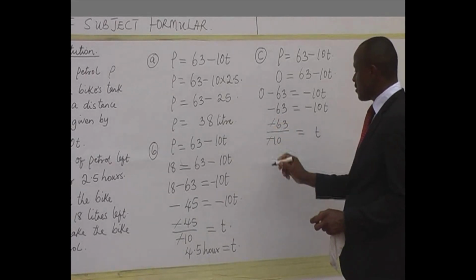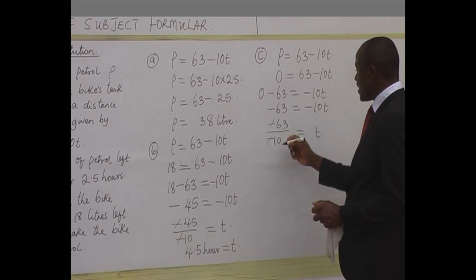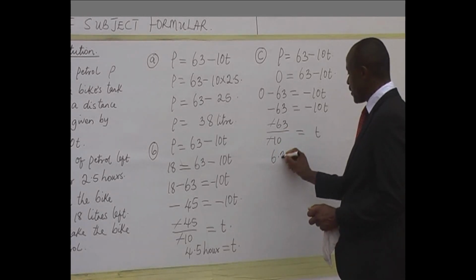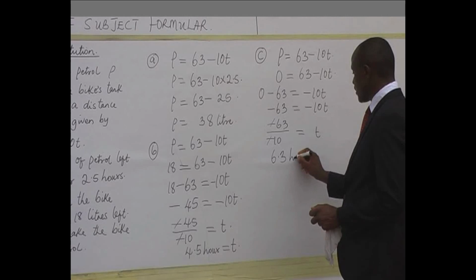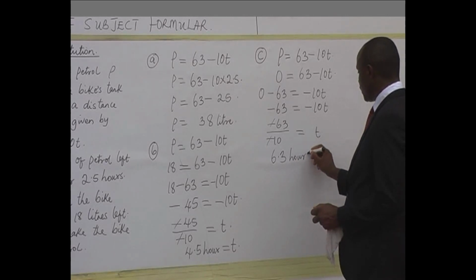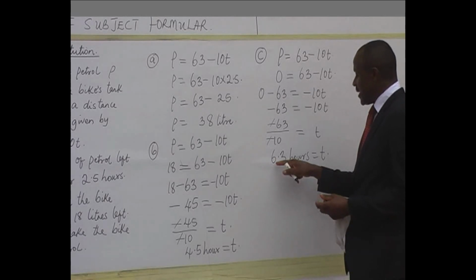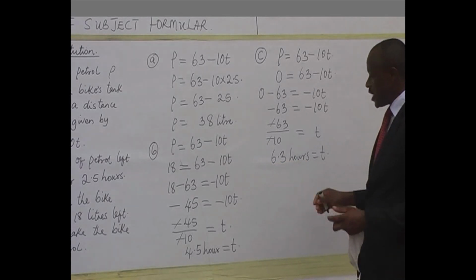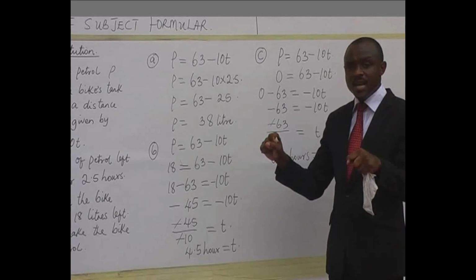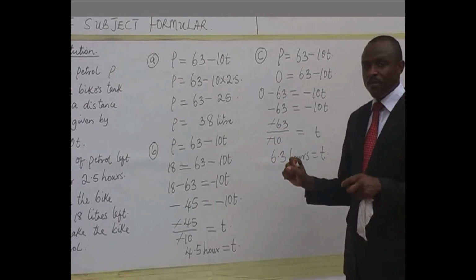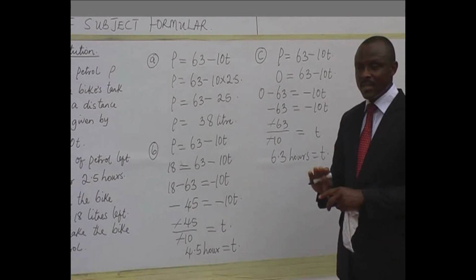Minus will first of all cancel minus. 63 divided by 10 will give you 6.3 hours. And that is the value of t. That means it will take 6.3 hours of traveling for the fuel the bike has to get exhausted.